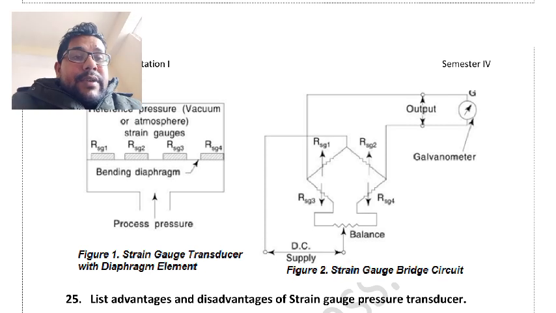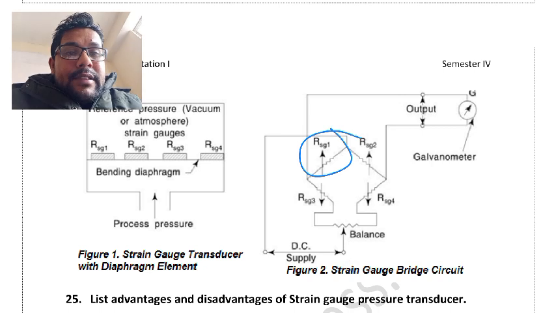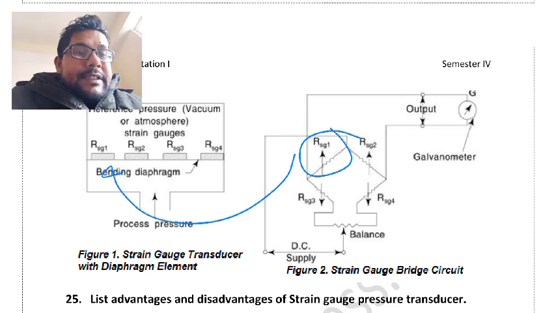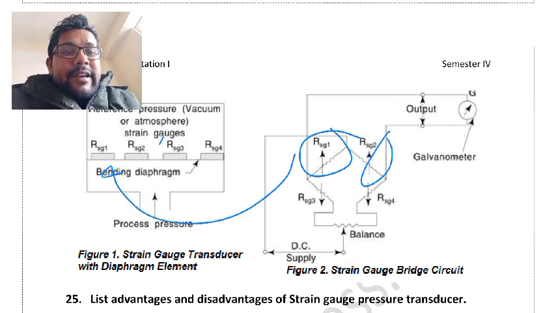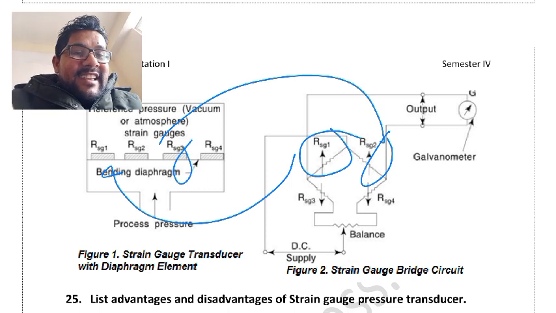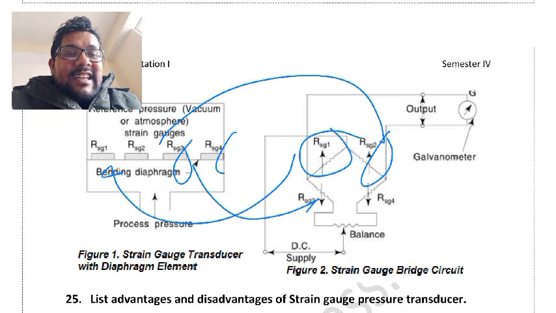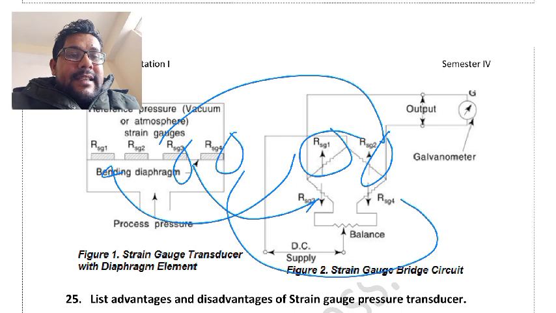Suppose RG1 is connected here, next RG2 is connected here, next RG3 is connected here, next RG4 is connected here.